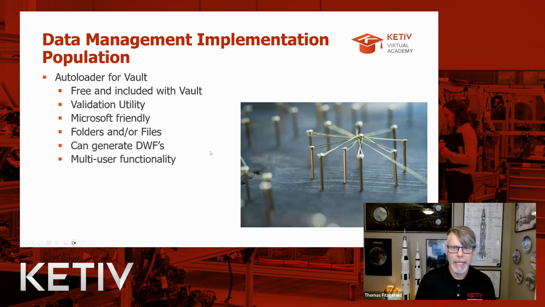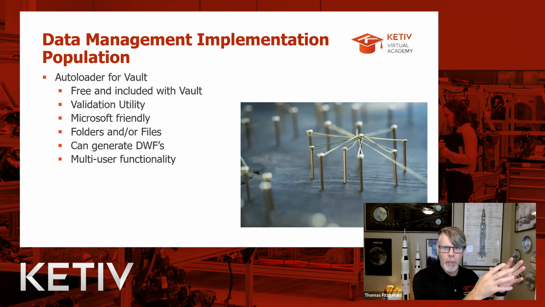Also, multi-user functionality, meaning you could have many different individuals running Autoloader, focusing on very specific areas of data that you have. That way you're not interfering or colliding with one another, if you will. So you can have many people analyzing data and then bulk uploading it.